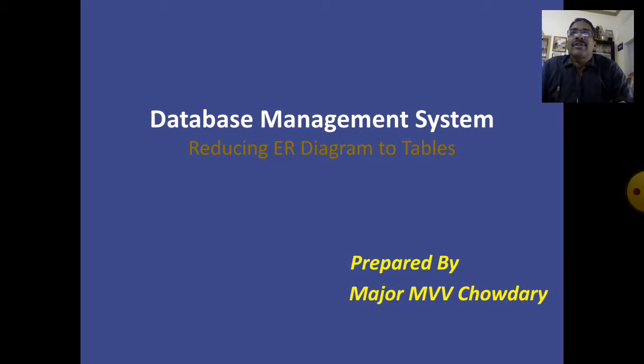We already discussed the topics building blocks of ER diagram, classification of entity sets, attribute classification, relationship degree, relationship classification. Today we are going to discuss about reducing ER diagram to tables.